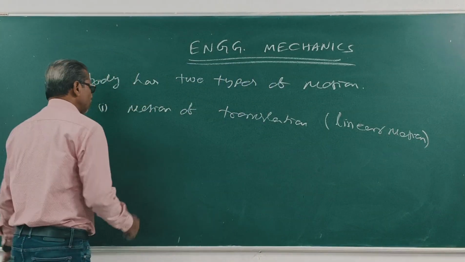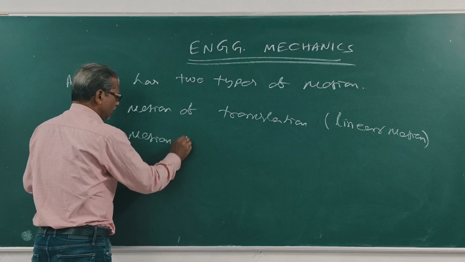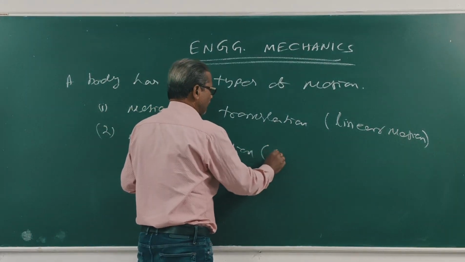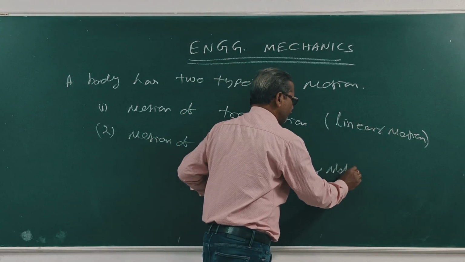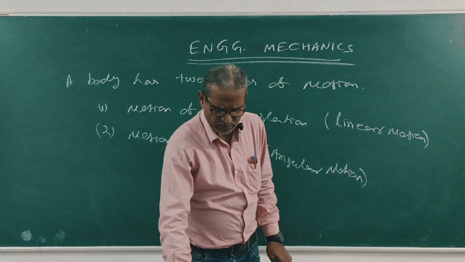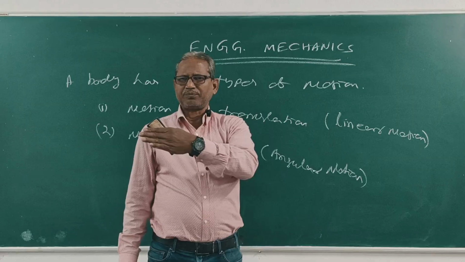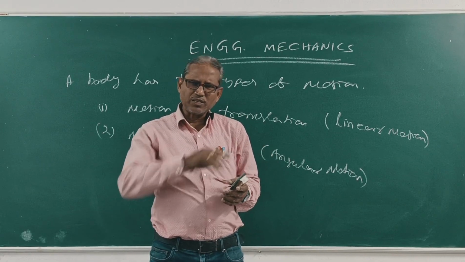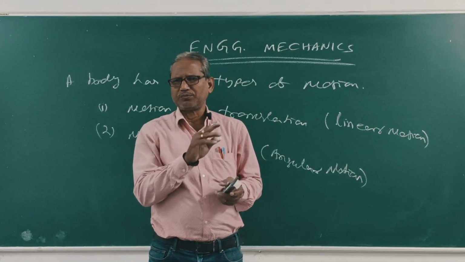Number two, motion of rotation, that is angular motion. Clear? So every body has two types of motion. Either it can move in a straight line, that is rectilinear motion of the body, or it can move in a circular path, that is rotational motion.